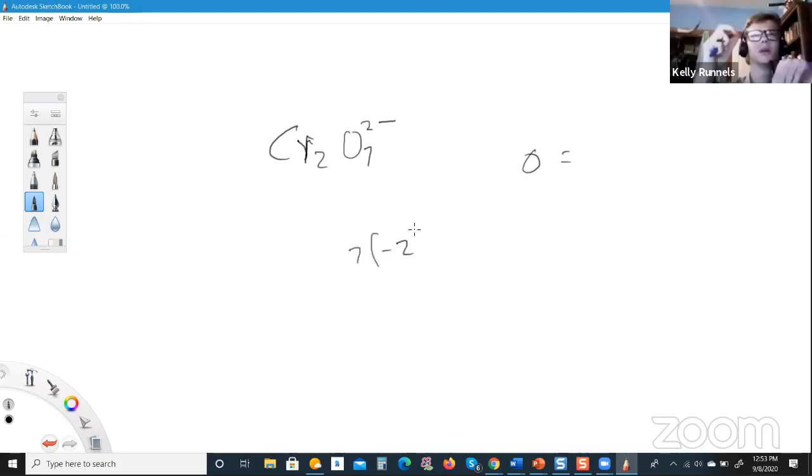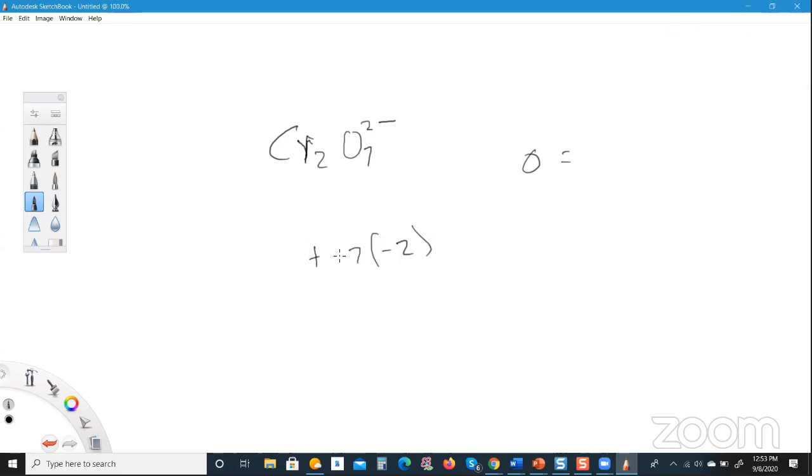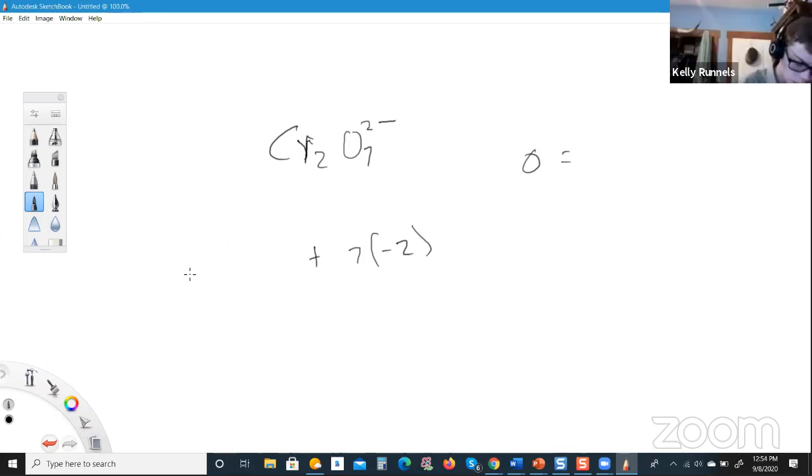Can you have fractional oxidation numbers? You can, but that won't be the case here. So we got negative 14 equals negative 1.